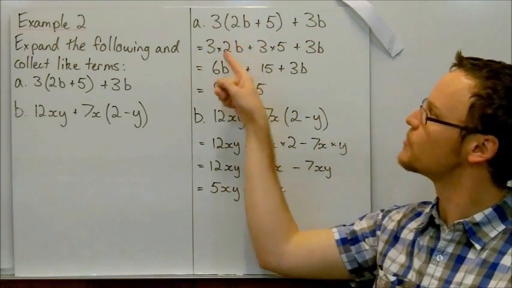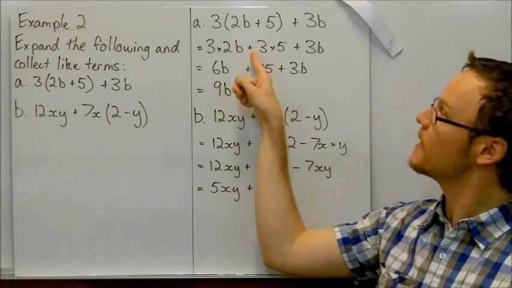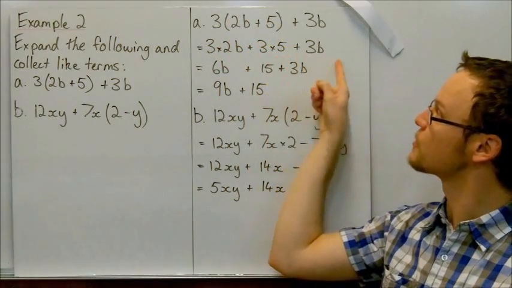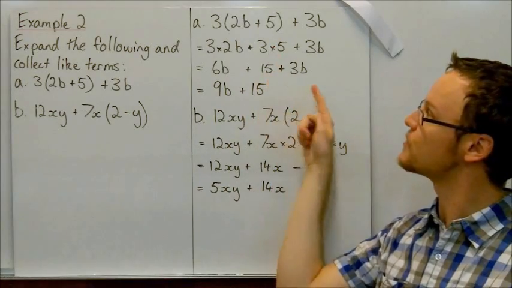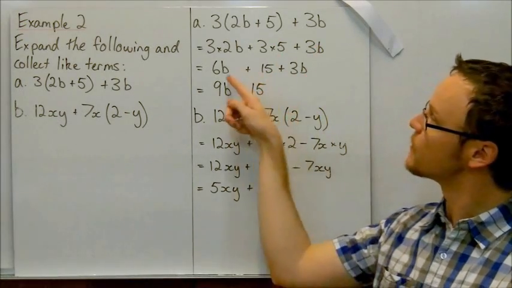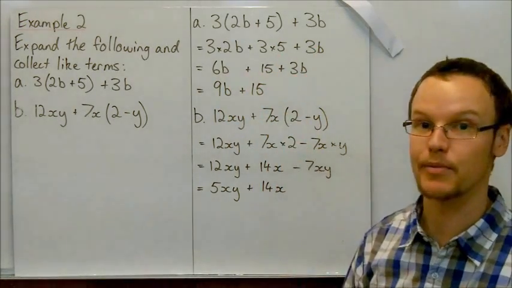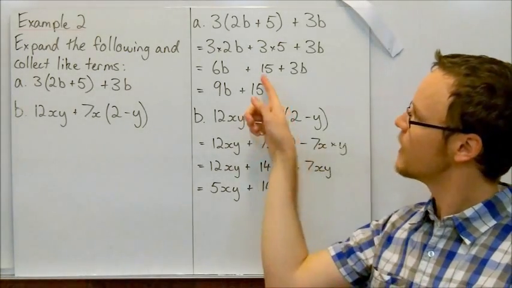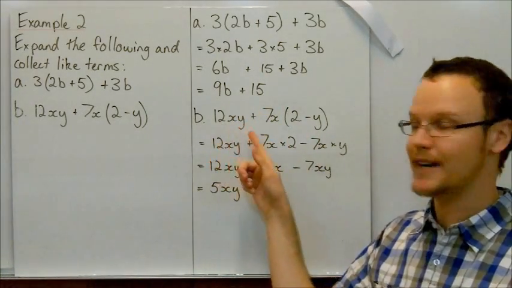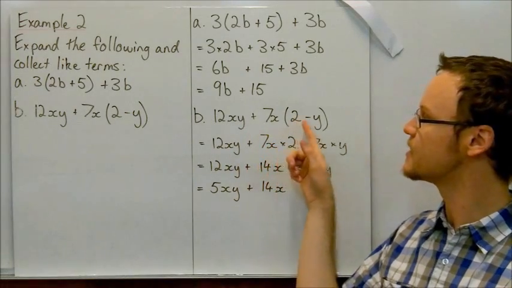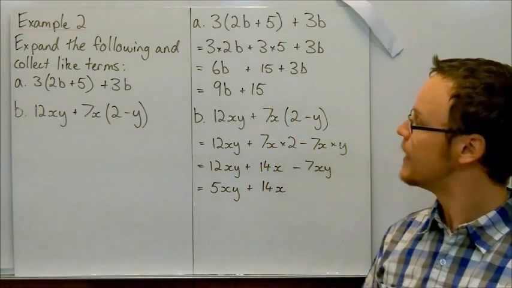So here we've got 3 times 2b plus 3 times 5 plus 3b, the 3b that's left over. So 3 times 2b is 6b, 3 times 5 is 15, 3b is 3b. We can add these two like terms, 6b and 3b, they both have b, and so that becomes 9b plus 15.